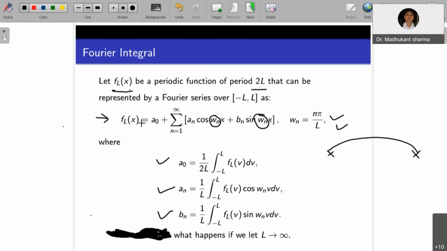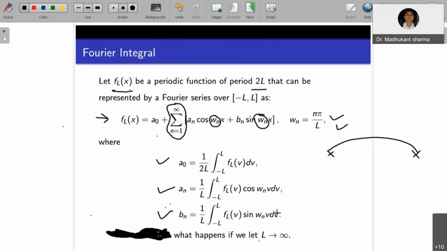We asked ourselves what will happen if we let L tend to infinity. Of course, we are not touching the Euler's coefficients this time. Here this is a discrete version, a summation over n equals 1 to infinity.